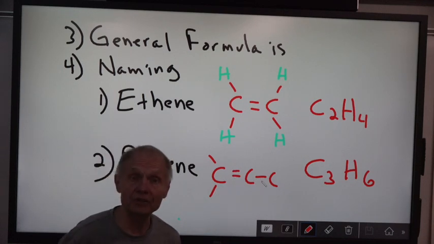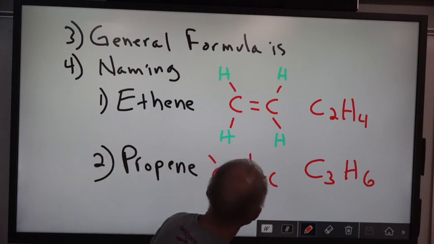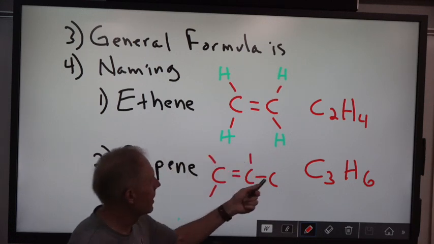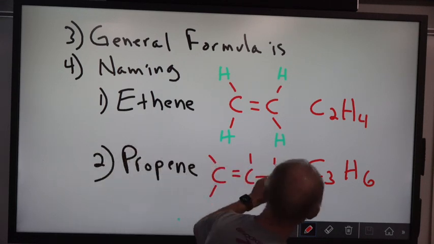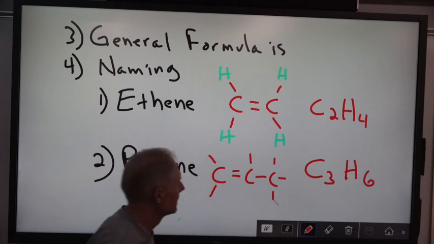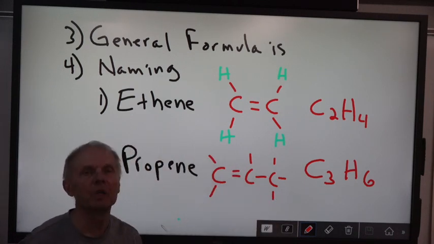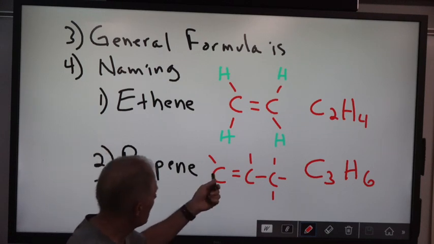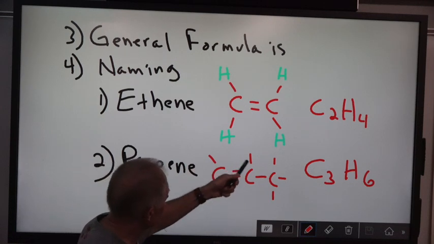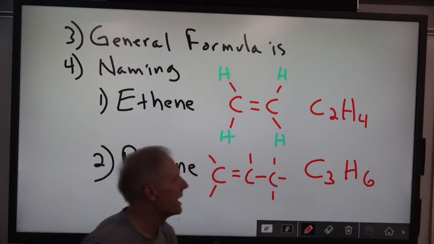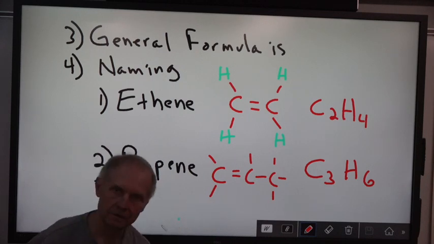So how many more bonds does that middle carbon need? 1. This carbon already has one bond, so that must mean it needs 3 more. Okay, so remember what I said, for time's sake, I'm not going to put the hydrogens in, but let's count them and see. 1, 2, 3. We have 3 carbons, and 1, 2, 3, 4, 5, 6. We have 6 hydrogens, and that is called propene.